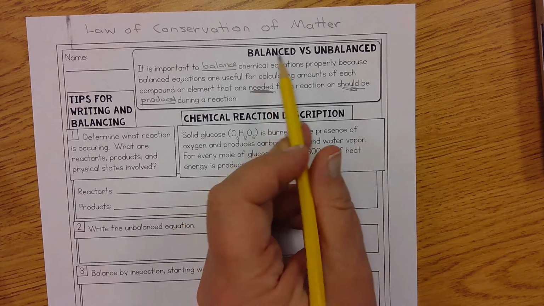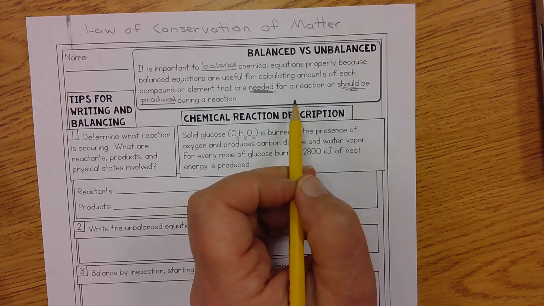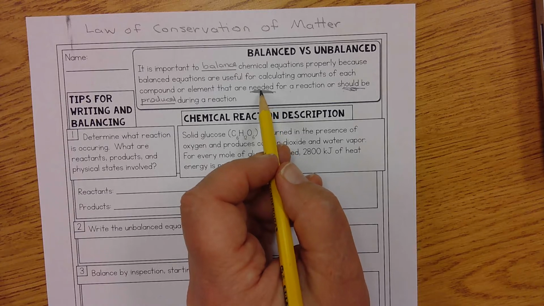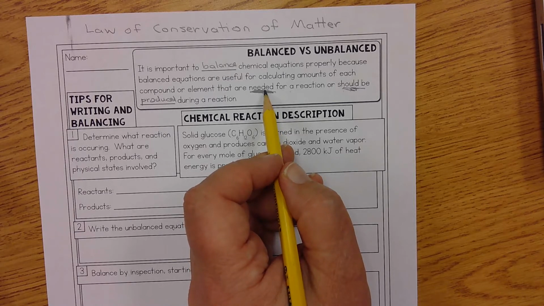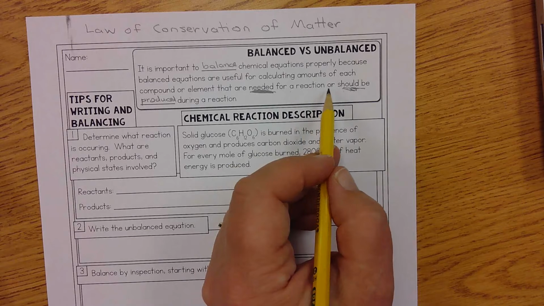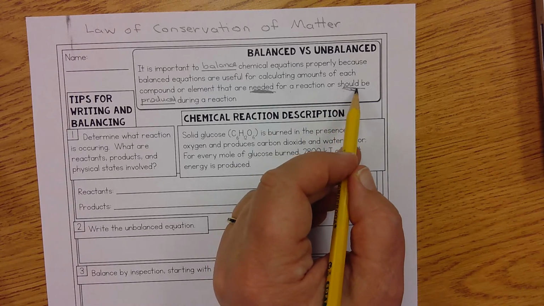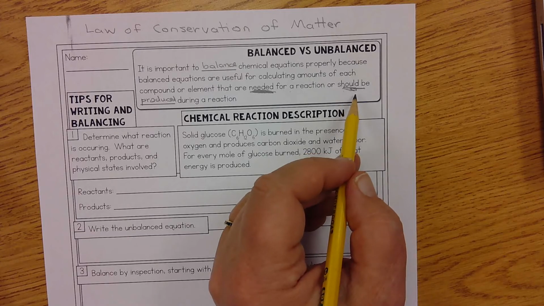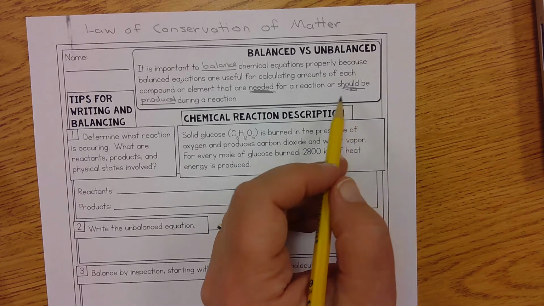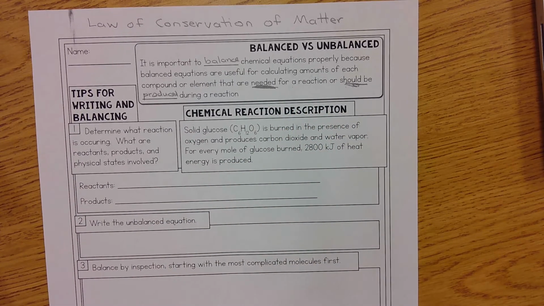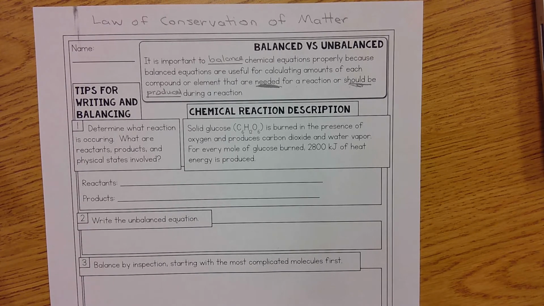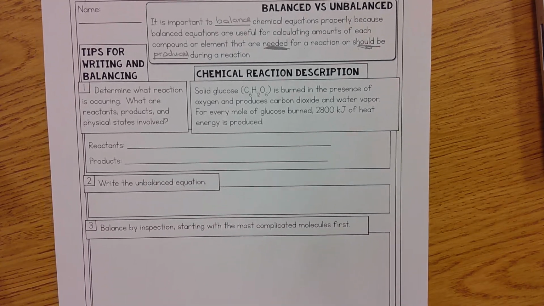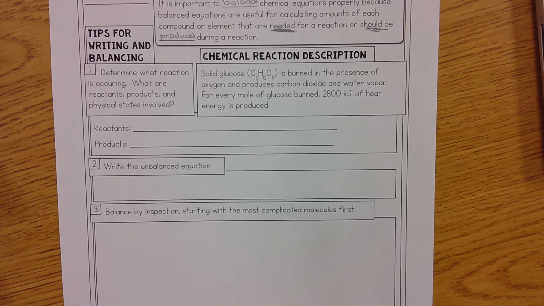Right? So with these chemical equations, same thing. It is very important that we know how much stuff is needed, how much ingredients we need to start with, and how much is going to be produced, what our end product is going to be, and how much. Right? So these balanced equations are incredibly important. Here is how we do that, and then you guys are going to do a bunch of examples.